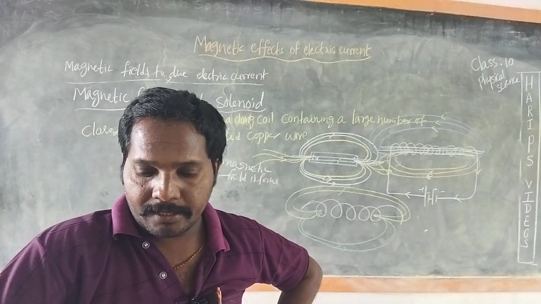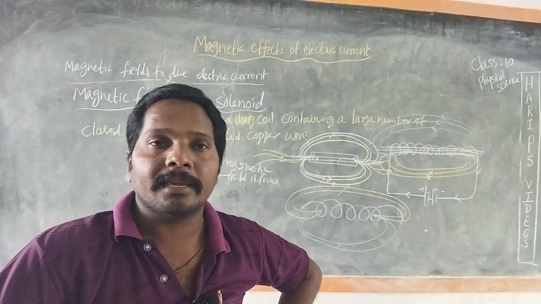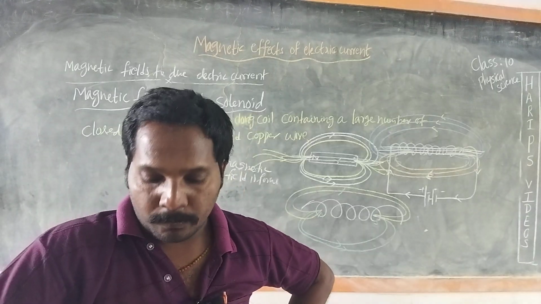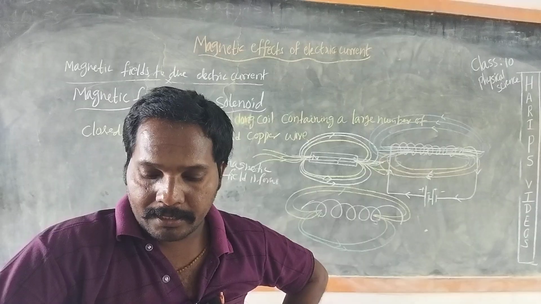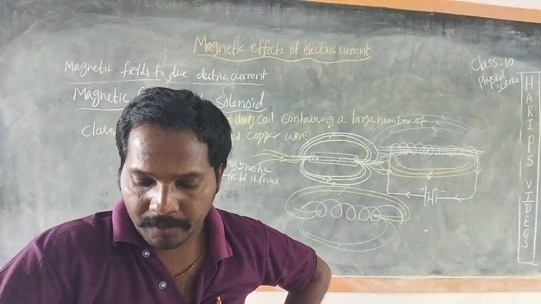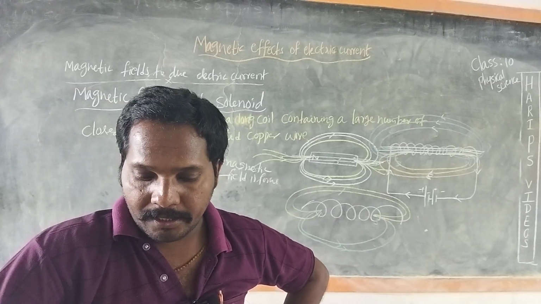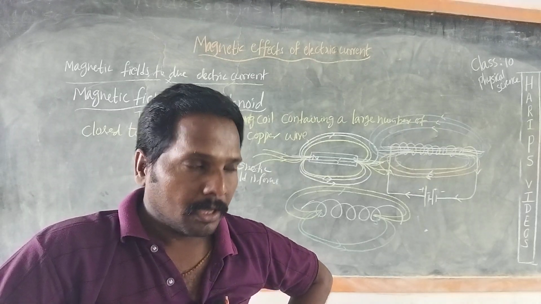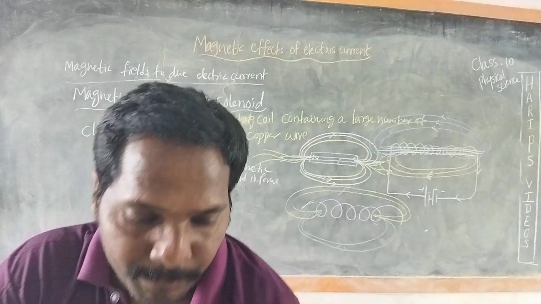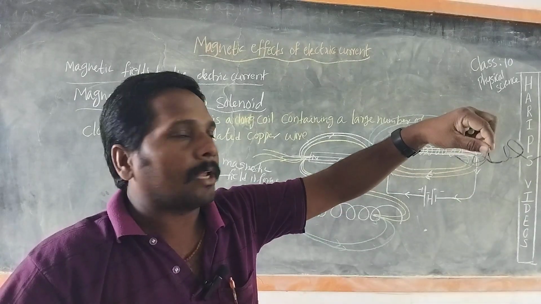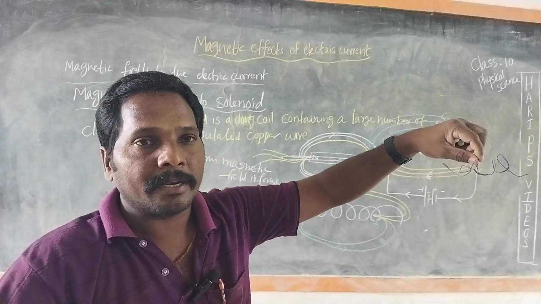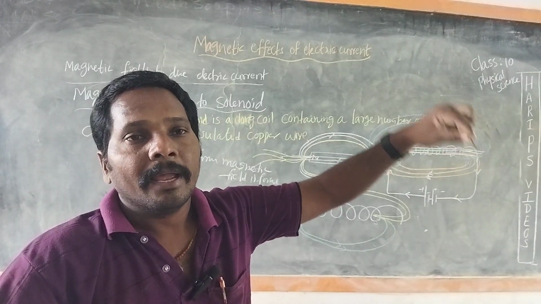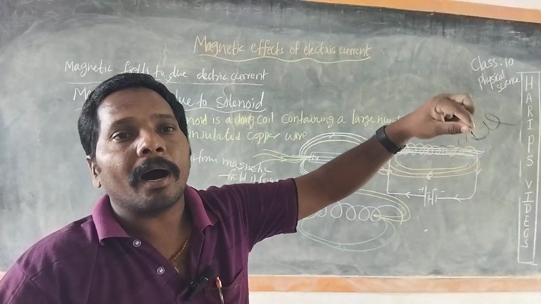So one end of the current carrying solenoid acts like a north pole, and the other acts like a south pole. If a current carrying solenoid is suspended freely, it will come to rest pointing in the north and south direction, because it acts as a bar magnet.